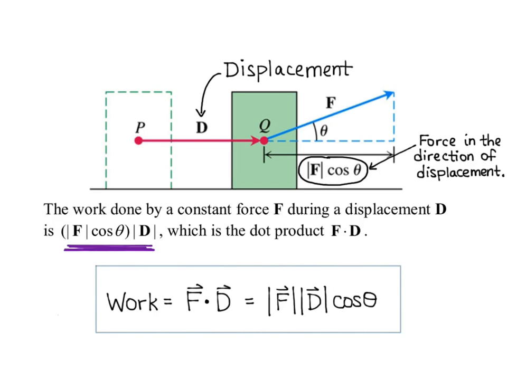So work is equivalent to force dotted with displacement as vectors, which is equivalent to the magnitude of force times the magnitude of displacement times cosine theta.